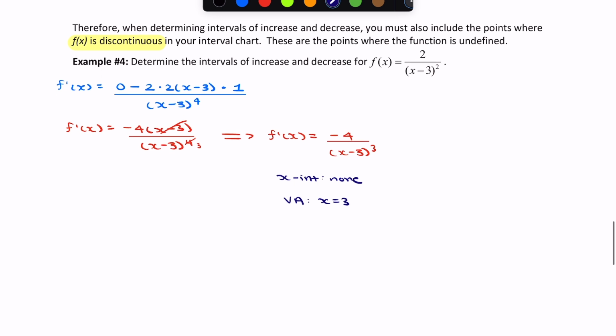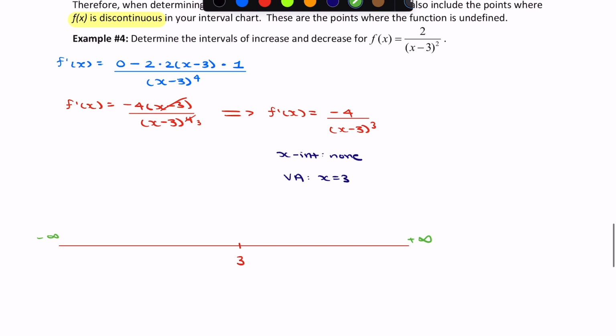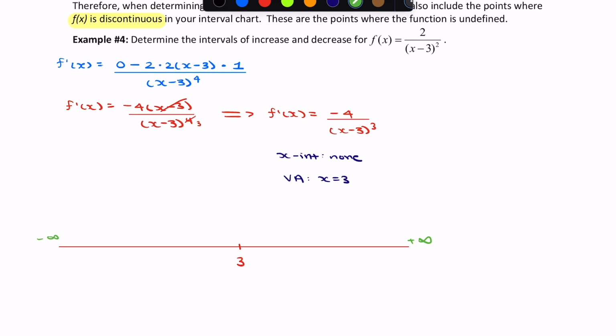So let's draw our inequality or interval here. And so we can draw 3 here. Goes from -infinity to +infinity. And so value that's less than 3, so we can use 0.